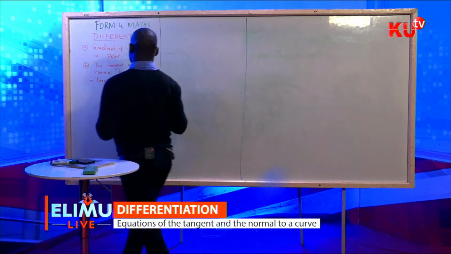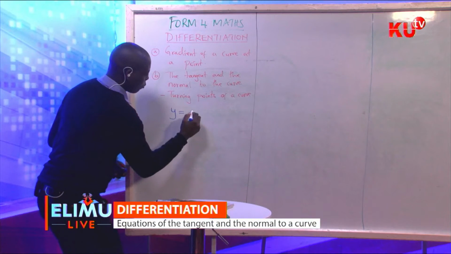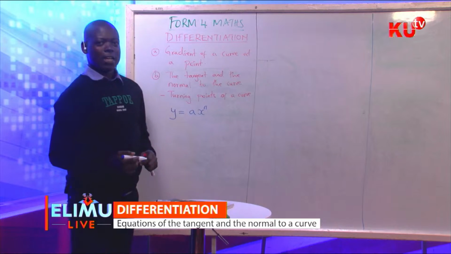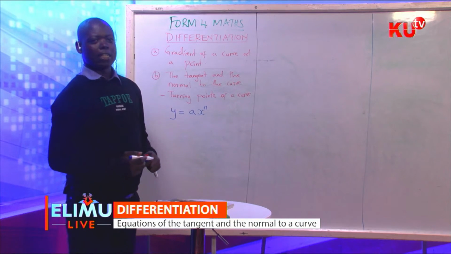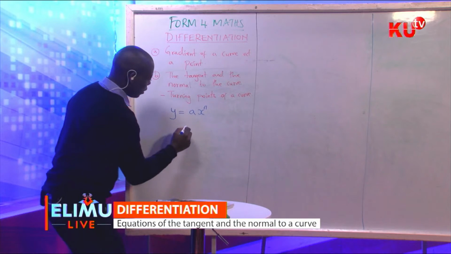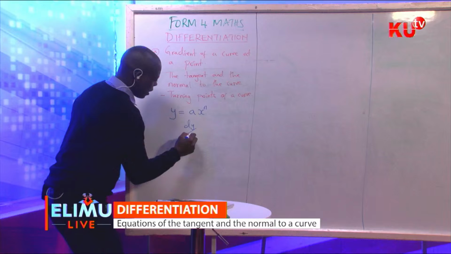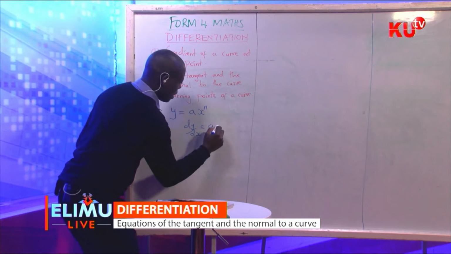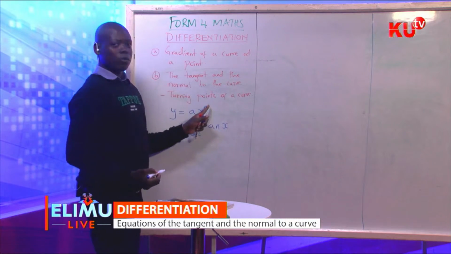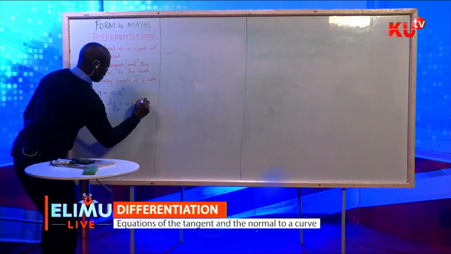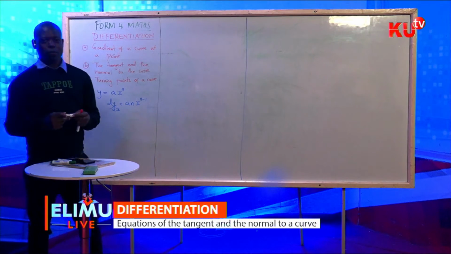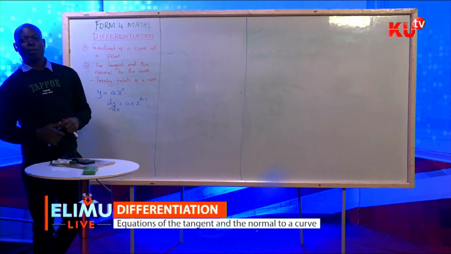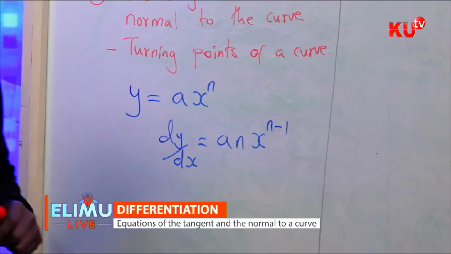A general expression is y equals ax^n, the equation of a polynomial representing the equation of a curve. How do you differentiate? We take dy/dx, and we have n multiplied by a, that gives us an, then x, and we subtract 1 from the power. Good. We take n less 1. This is the process of differentiation that we need to understand even before we look at our key areas of discussion in our lesson today.